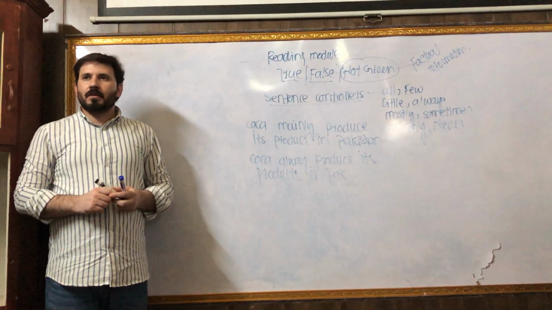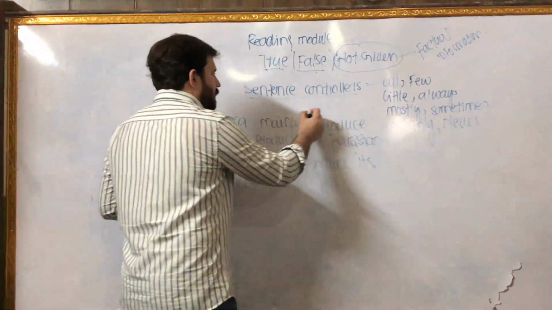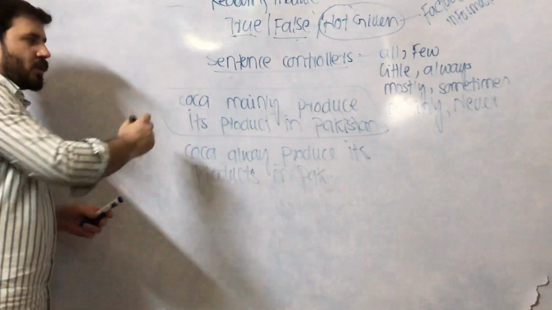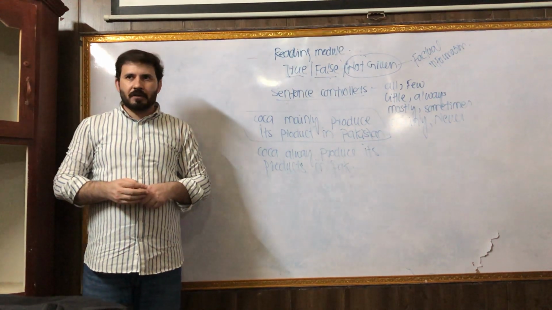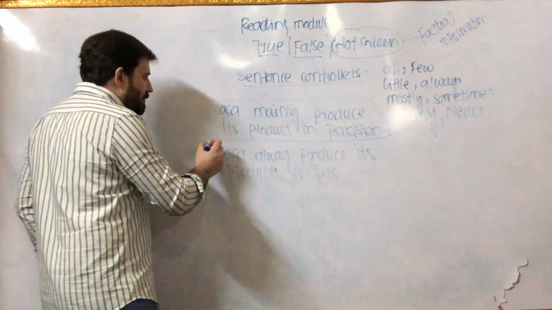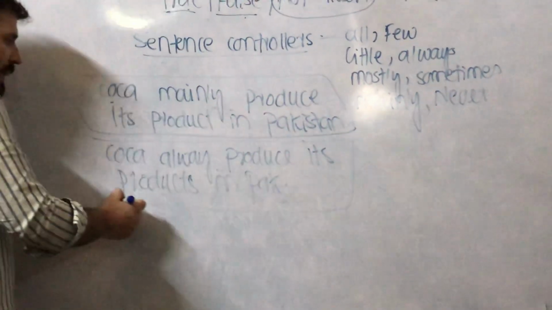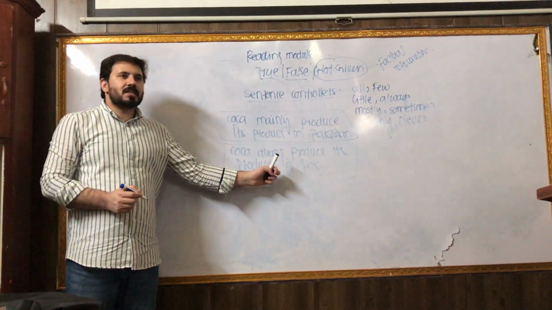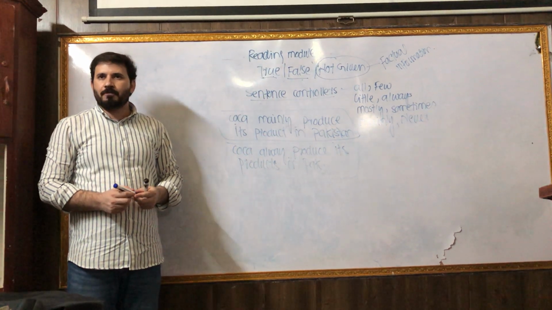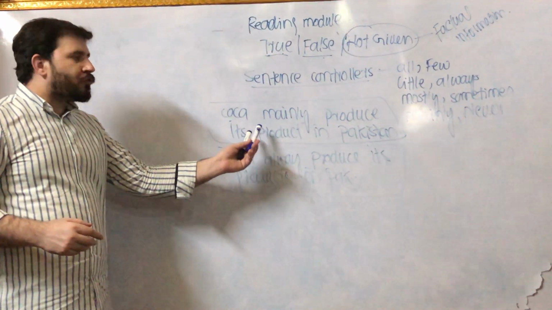Suppose this is the question you've been asked for true, false, not given, and you come down and start reading the passage, and the passage gives you another thing. This is what you find in the passage. So what do you think? Is this true, false, or not given?